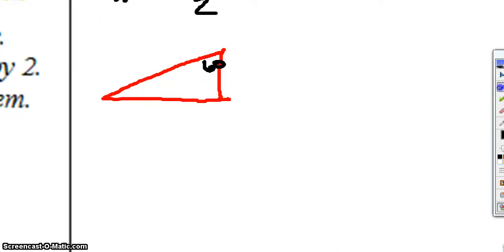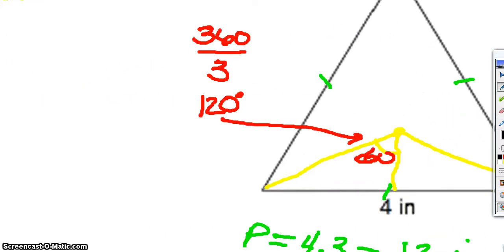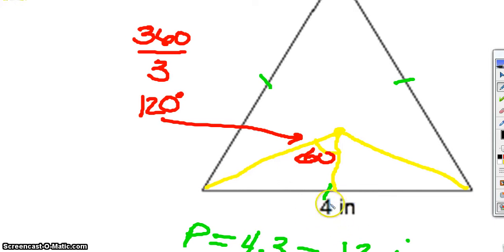Let's go back to the triangle. So you have a 4-inch side. And remember the apothem, this is your apothem. Your apothem always cuts the side in half, and it's always perpendicular. So you know that that's a 90 degree angle, and this is going to be 2.